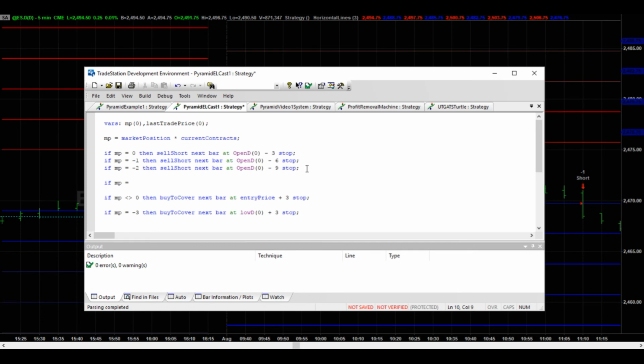So if market position is equal to -1, which means we have one position on, then I'm going to set my last trade price to the open of the day, open D, -3 handles.